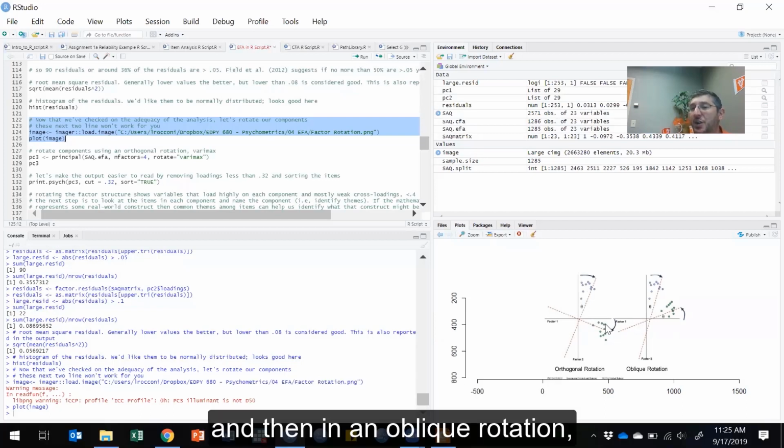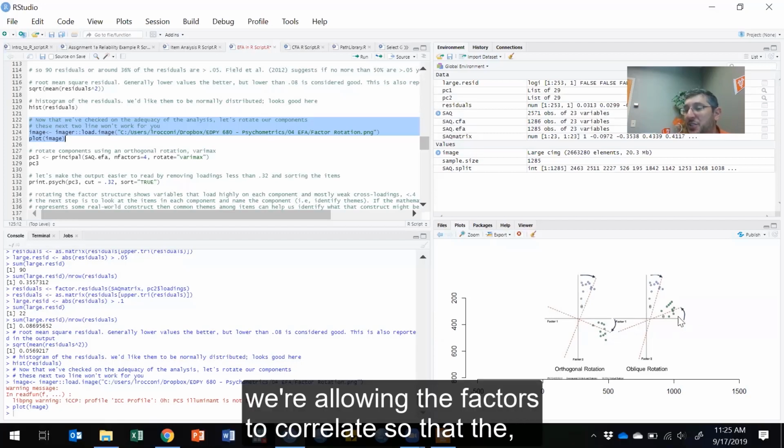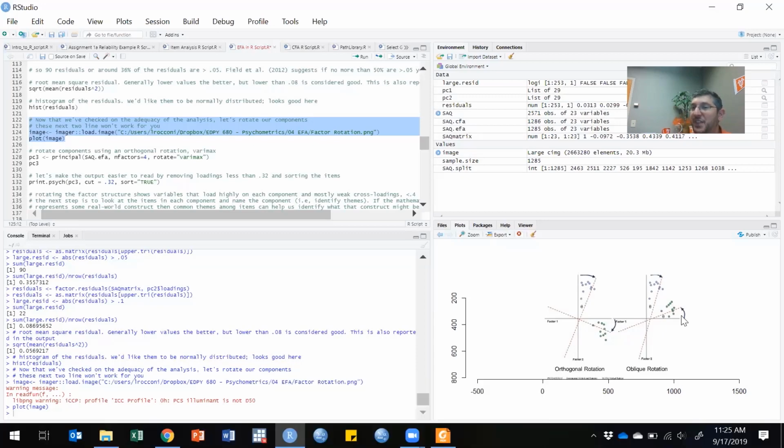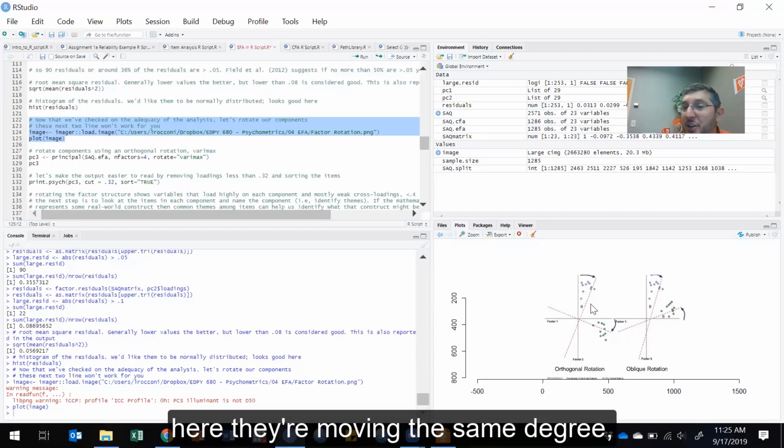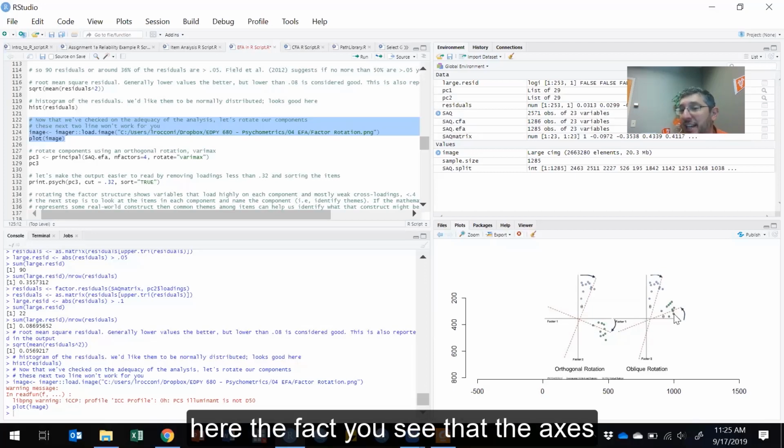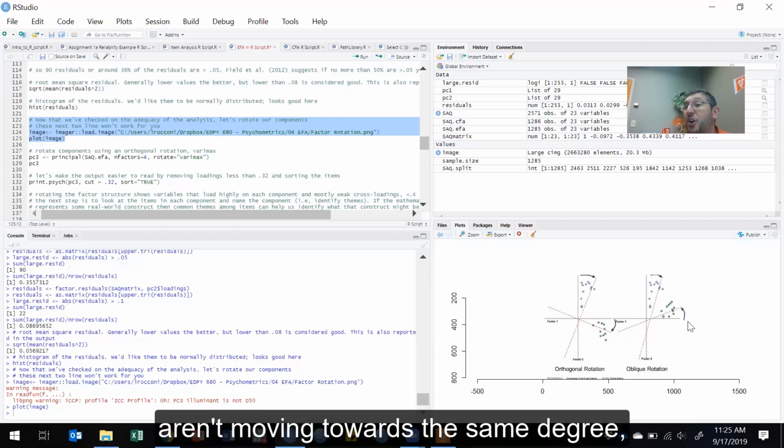And then in an oblique rotation, we're allowing the factors to correlate so that here they're moving the same degree. Here, you see that the axes aren't moving towards the same degree.